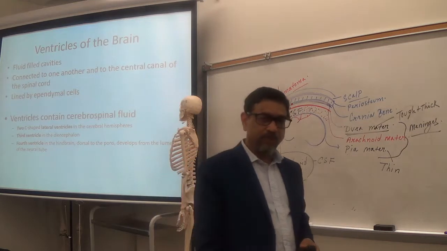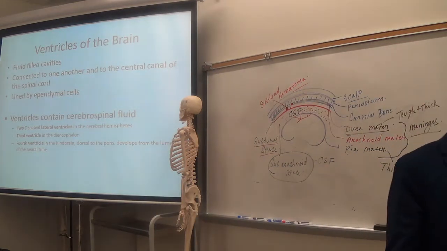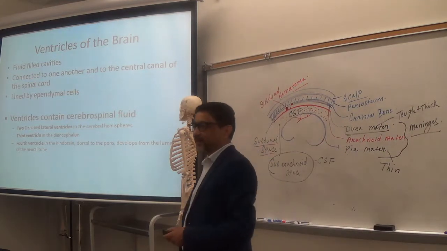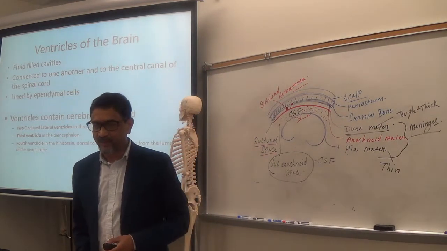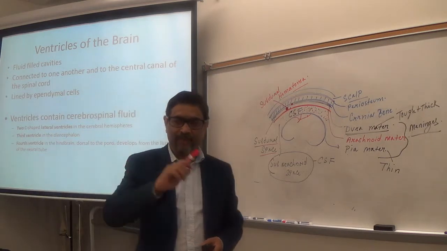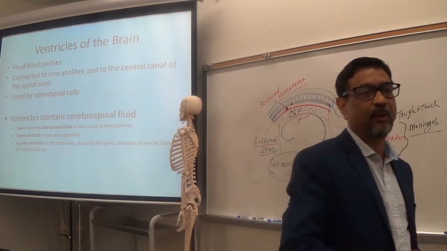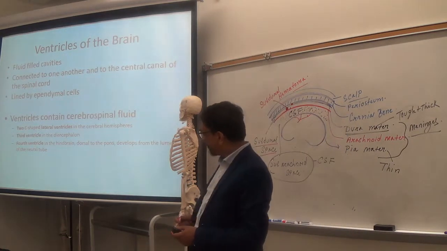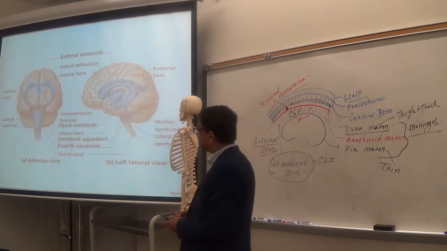So those are 4 ventricles. And remember, those ventricles are connected to each other, so the fluid can go from one cavity to another, one ventricle to another. So we'll see those ventricles and how they are connected.